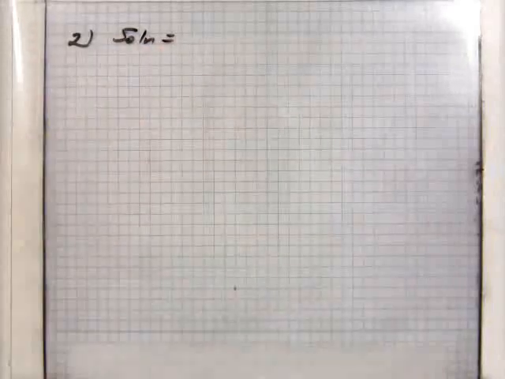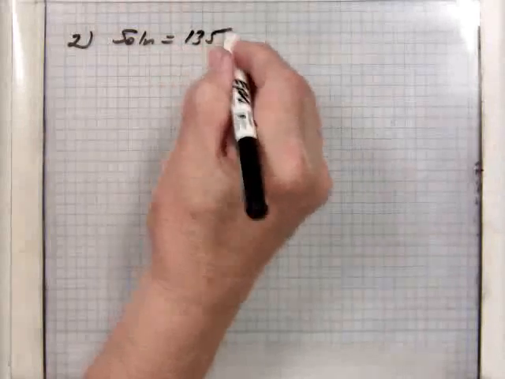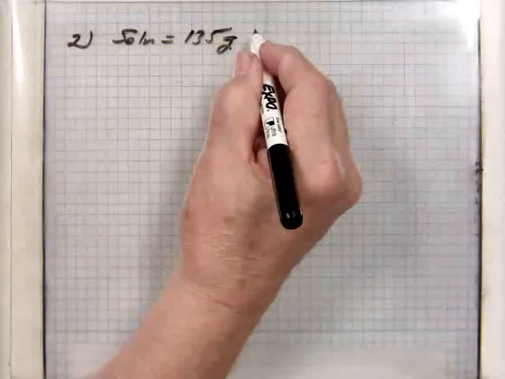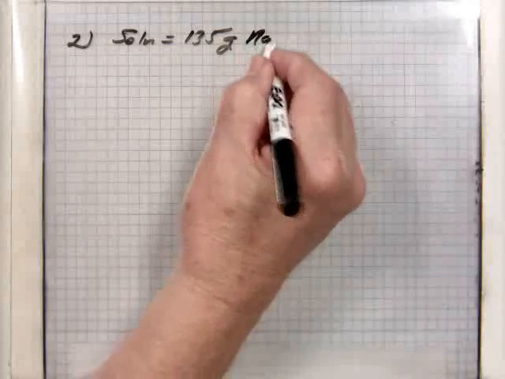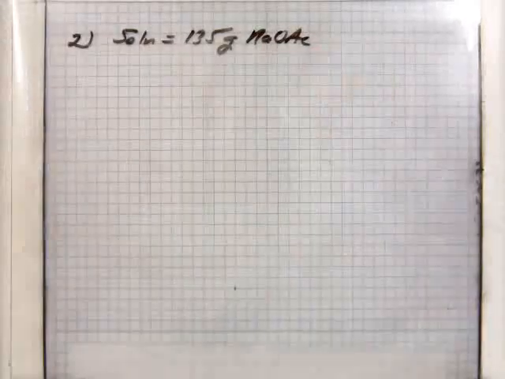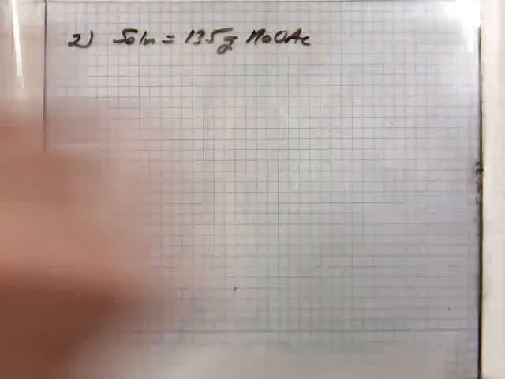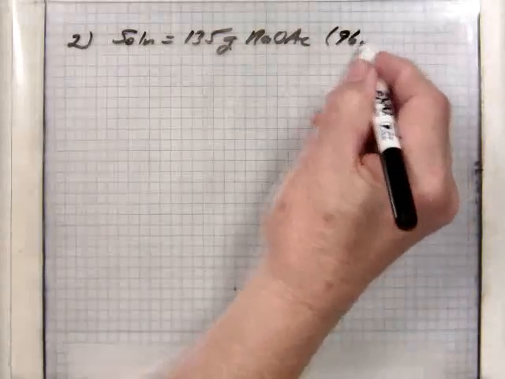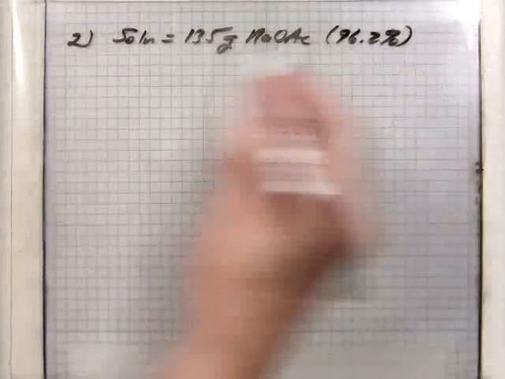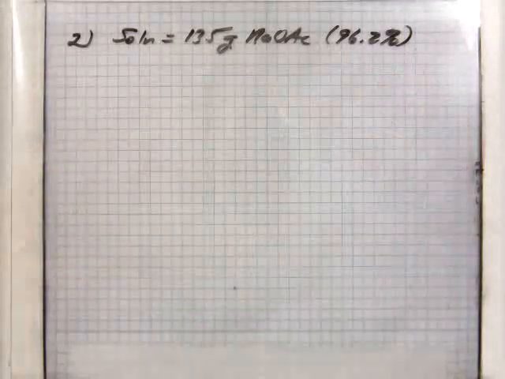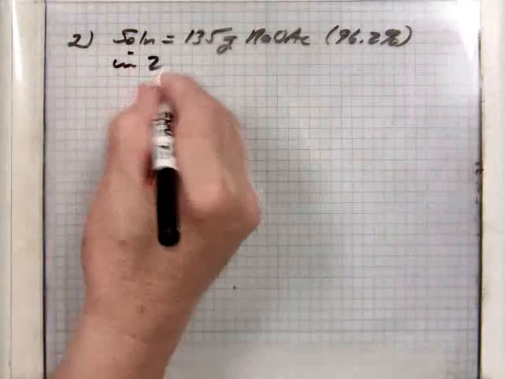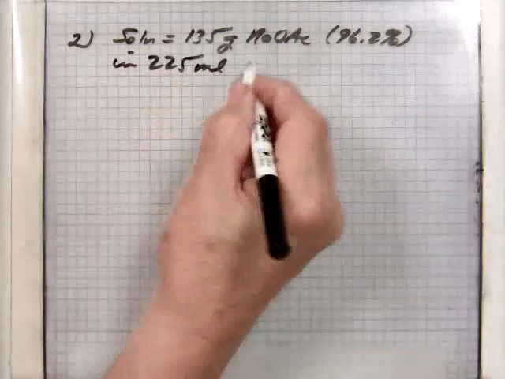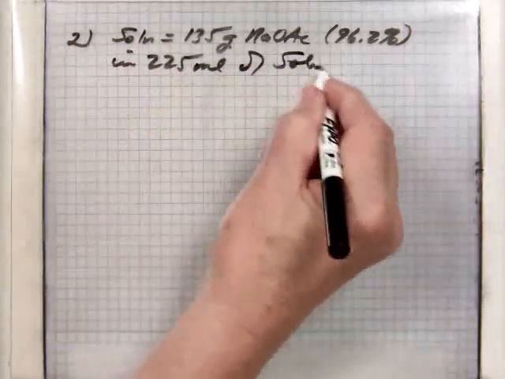So your solution is 135 grams of impure sodium acetate. That's a shorthand, sodium acetate. That's 96.2%. And 225 milliliters of solution.